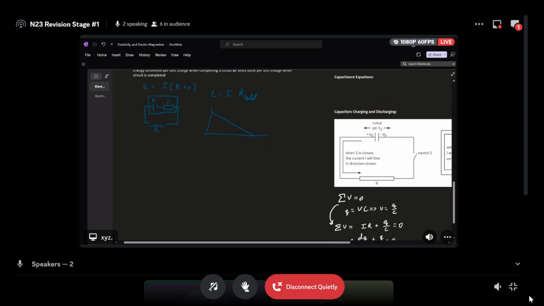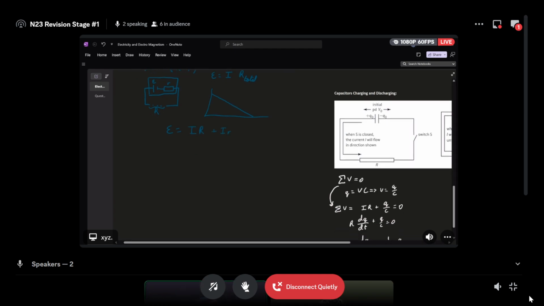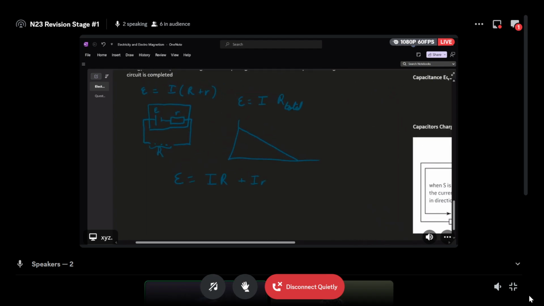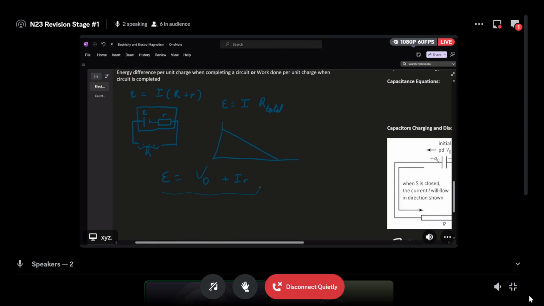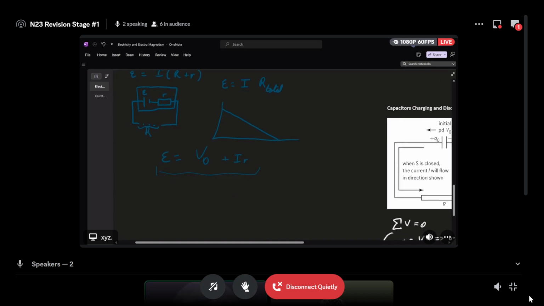Oh, remember, you expand this equation into IR plus I little r, and then you are told what the battery is labeled as, and that goes here, and you have a linear equation in terms of I, and we'll have voltage here.